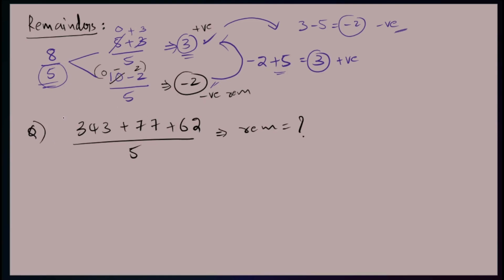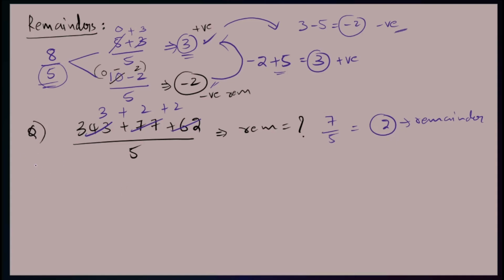But here we can do it very simply. 343 by 5 remainder is 3, plus 77: 75 goes, so 2, and 62: 60 goes, so again 2. So you finally got 3, 2 and 2, which is 7. 7 by 5 remainder is 2. This is your remainder. Like this, you can speed up your solving abilities with regards to remainders.